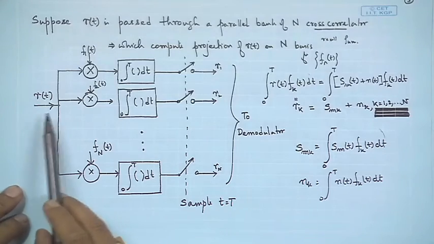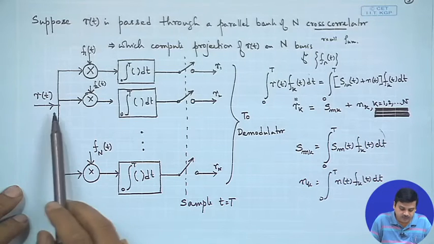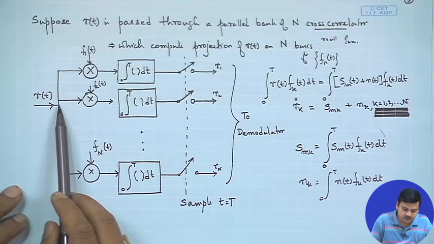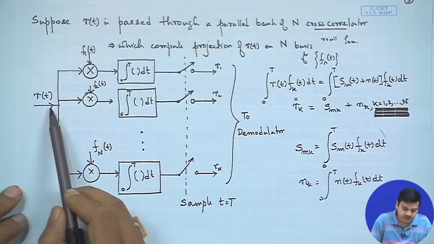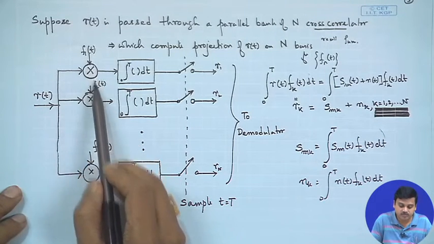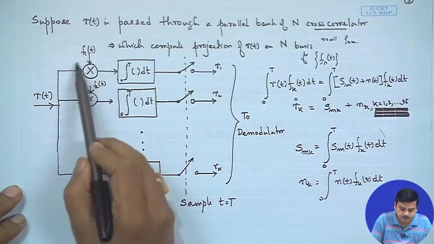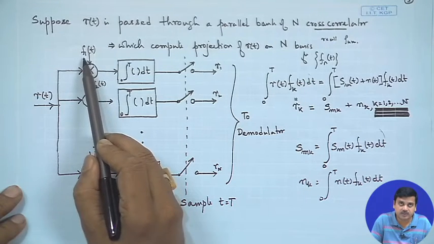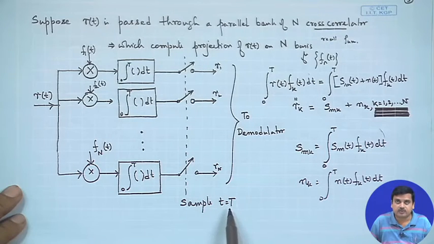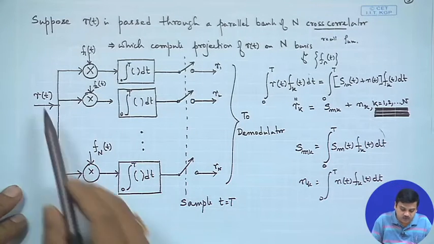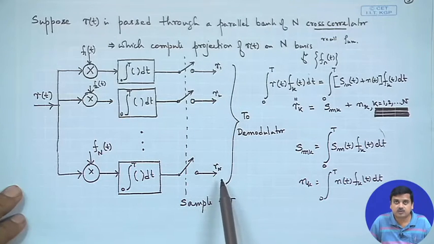So, this is the structure that we had, where we explained that the received signal is passed through a parallel bank of correlators, where the received signal was projected onto the basis functions. Projection means you multiply with the basis function, integrate from 0 to T and sample it at t equals capital T. The end result was the received signal components.